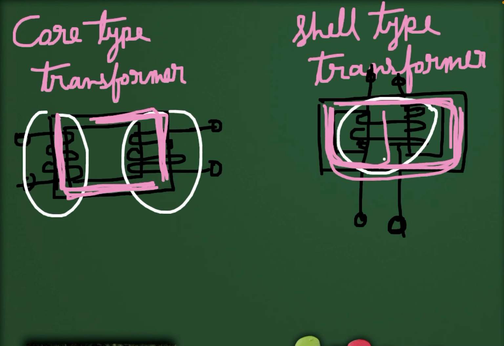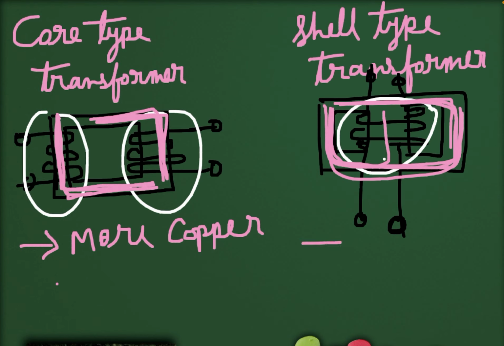Next, the difference is that in the core type more copper is required, while in the case of shell type less copper is required.